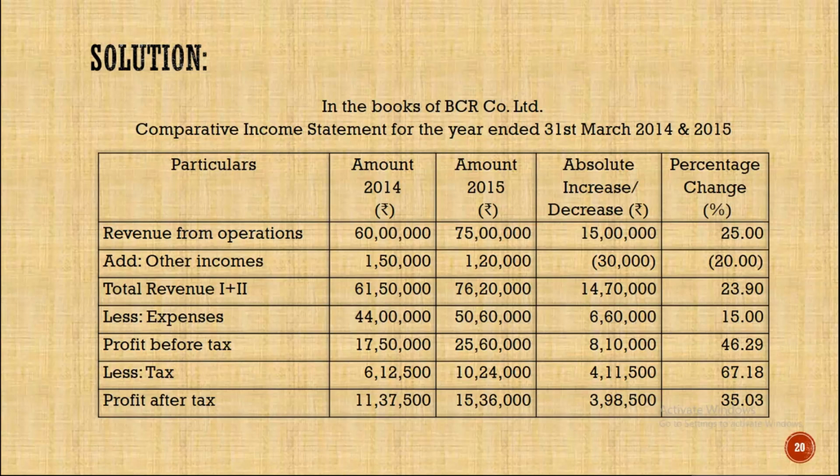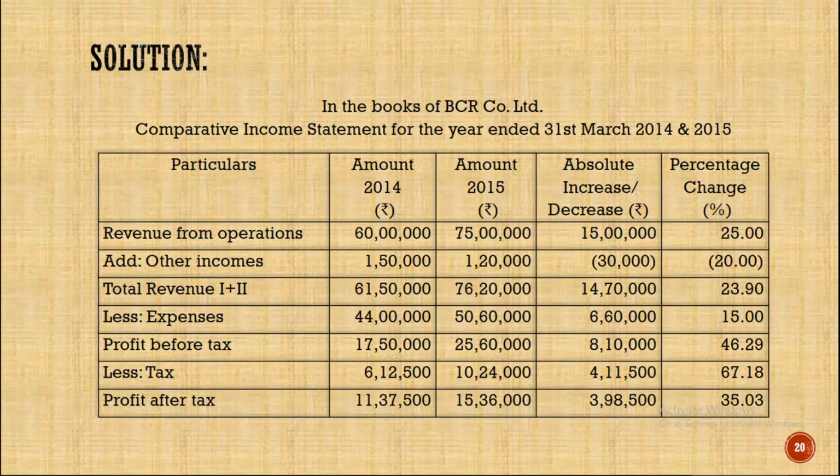So here first is revenue from operation. In 2014, the amount is 60 lakh. In 2015, 75 lakh. Absolute increase is rupees 15 lakh. And when we convert it into percentage, it is 25%.